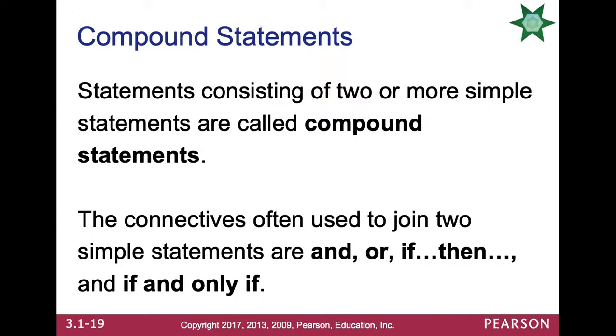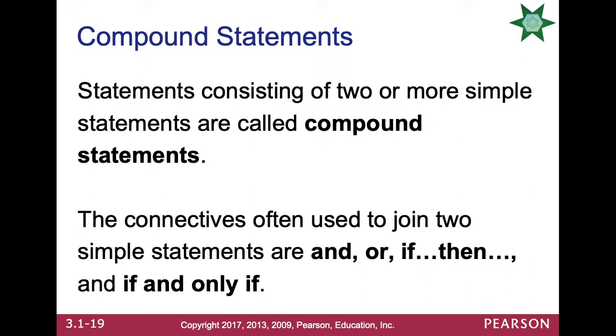Now, just think about this for a moment again. What connective do I use for the union of two sets? What word would I use? What connective would I use to define the intersection of two sets?